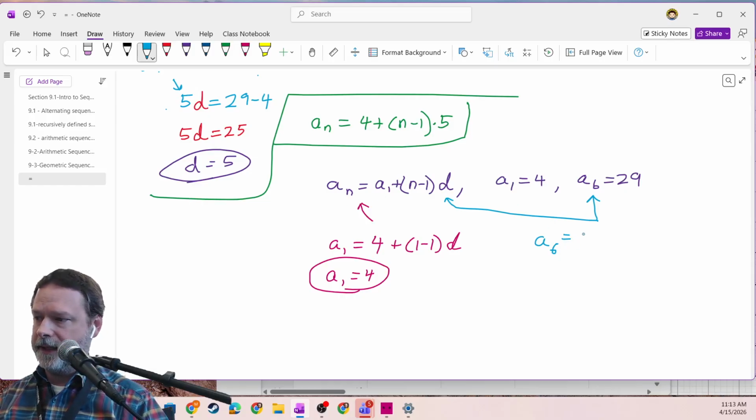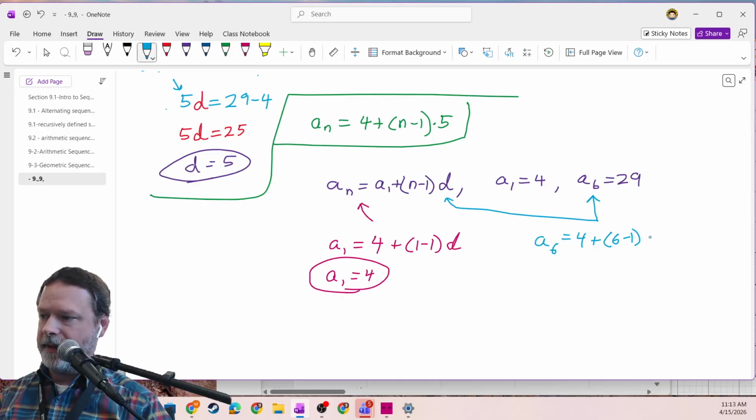So I'm going to type it in. Sometimes we don't know it right away. So it's 4 plus n minus 1. Wait, I know what n is. n here is 6. So 6 minus 1 times my common difference. I don't know that.